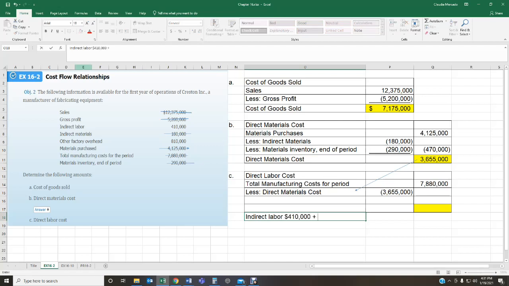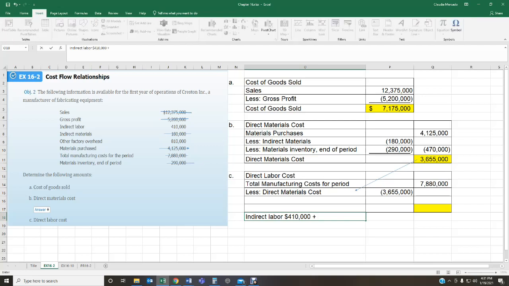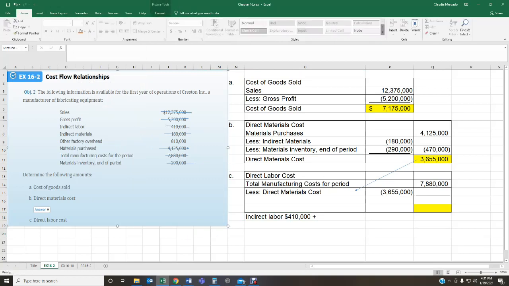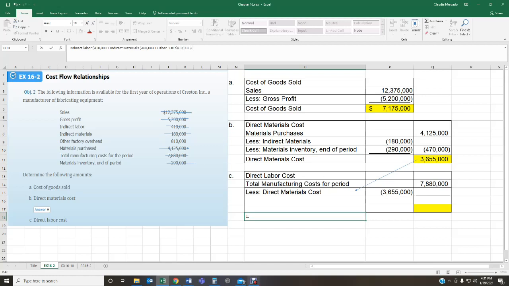I'm going to add, I also have indirect materials of 180,000, and then I also have other factory overhead of $810,000. So those three things.